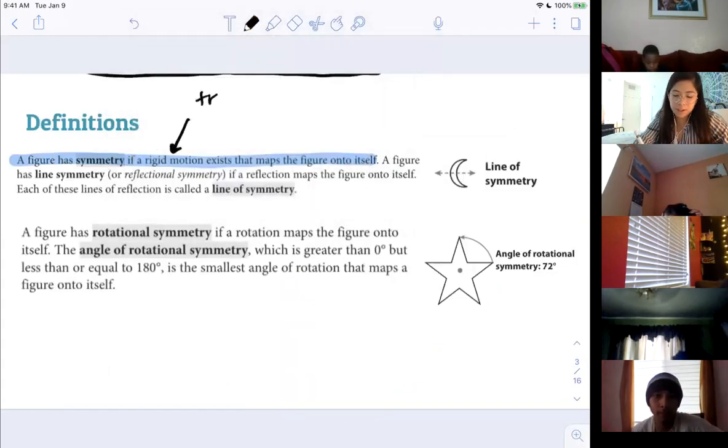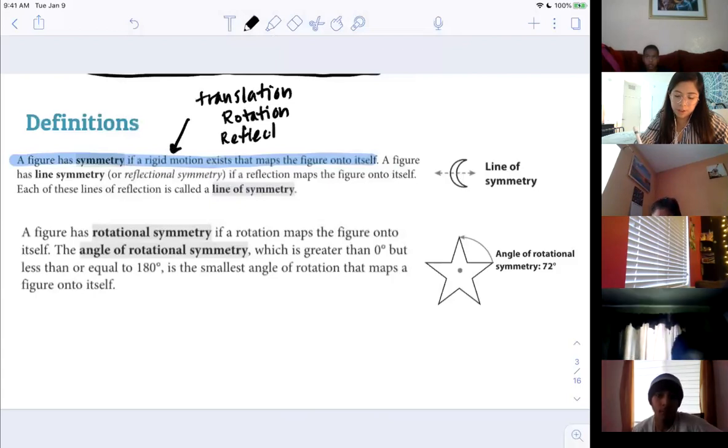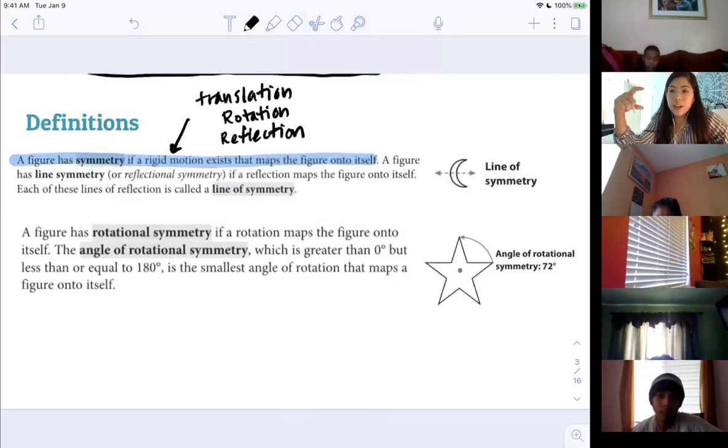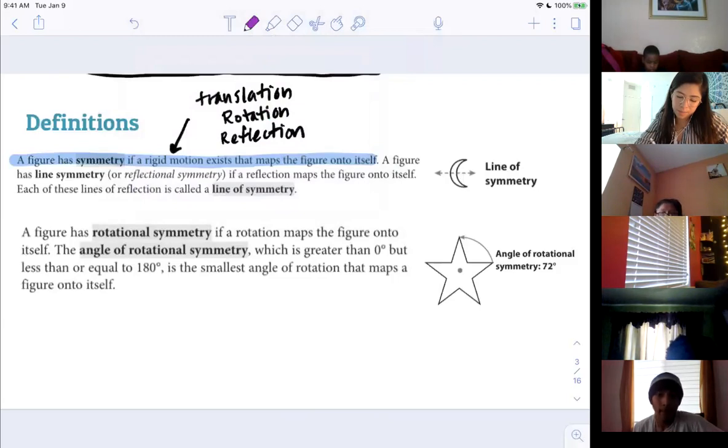So translation, rotation, reflection. And basically, if you have a shape or a figure on a graph and you can do something to it that'll bring it exactly right back where it came from, that means that there's a line of symmetry. So a line of symmetry is a line of reflection.